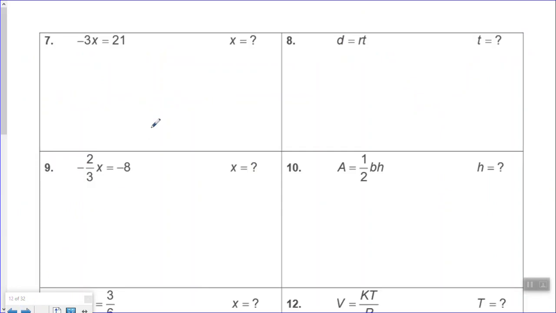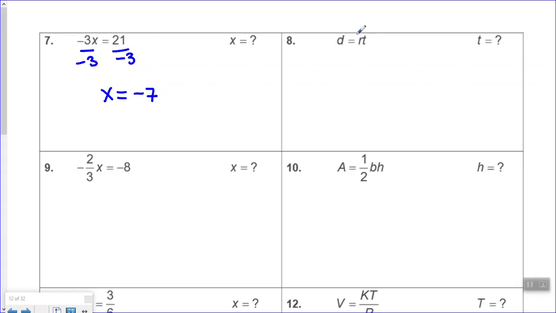Okay, next examples. Negative 3x equals 21. To undo multiplication, you divide both sides by negative 3. x equals 21 divided by negative 3, which is negative 7.